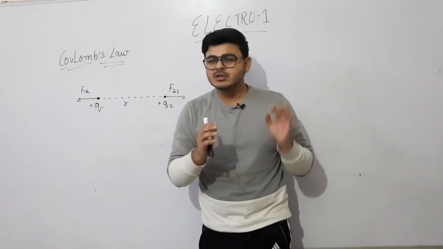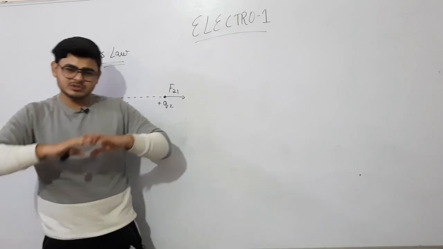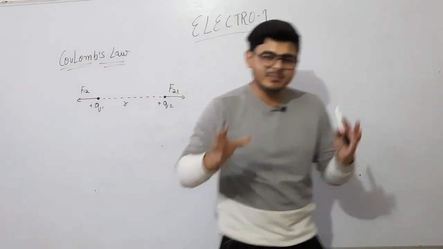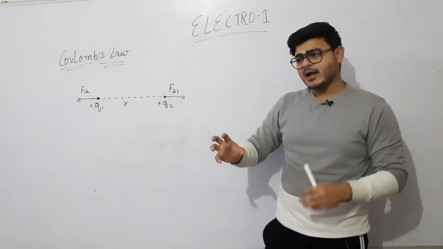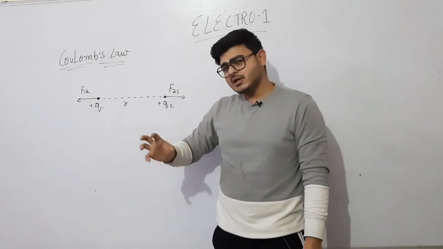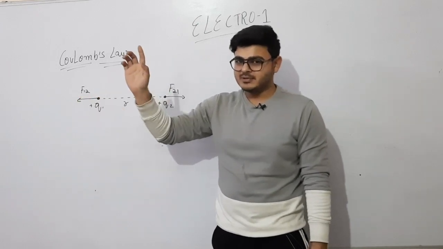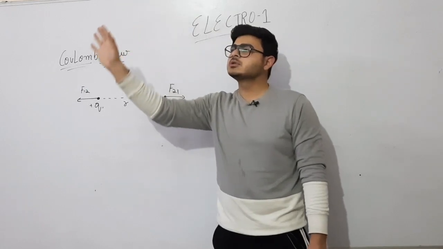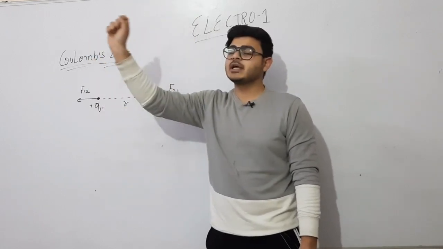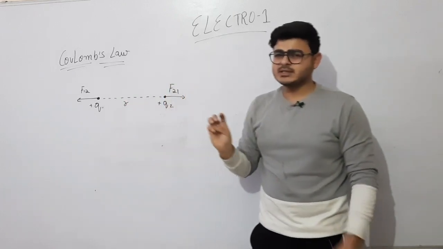And we know that the forces which have these three properties are called an action reaction pair. If you remember, for any forces to be called an action reaction pair, they have to satisfy three properties.